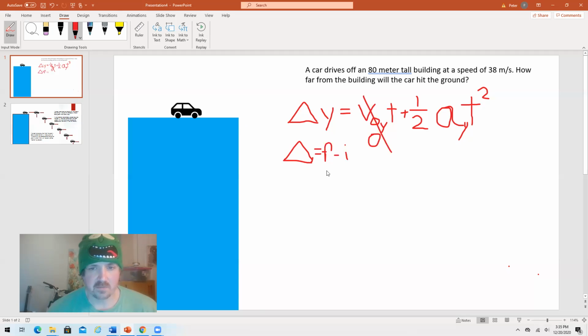So in that case, our final y position is going to be 0, the ground, minus our initial y position, which is 80. So we're going to have a negative change in the position of y, equal to negative 80, from start to end of this process.